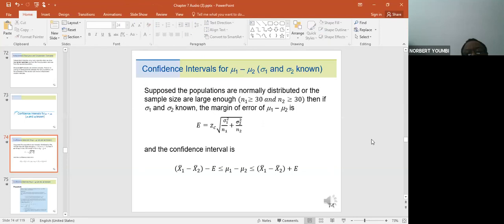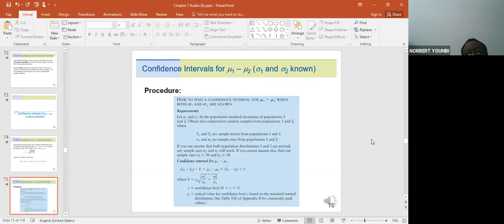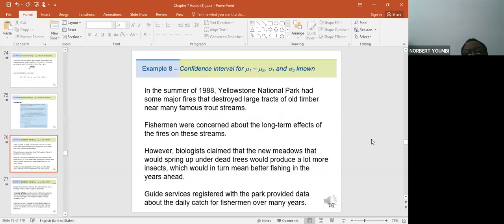So if the populations are both normally distributed or sample sizes are at least 30, when sigma 1 and sigma 2 are known, we use the z distribution to find the margin of error, which we will add and subtract to the difference of the sample means. Let's look at this example.